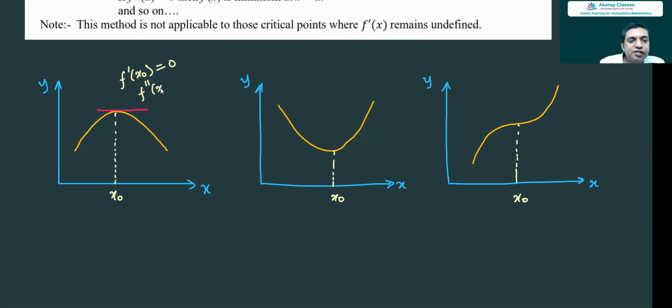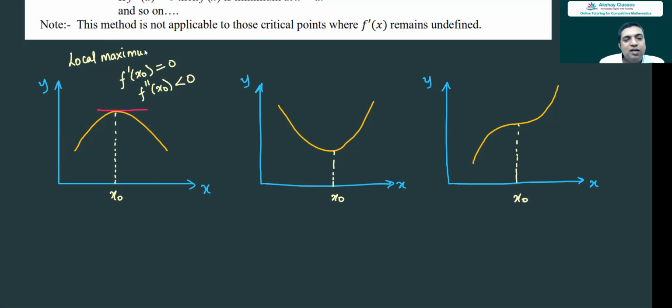And f double dash x naught will be negative. Why? Because it is a convex curvature. At this point, the convex portion is facing upward. So when there is a maximum, convex portion will face upwards. The concave side will be facing downwards. Convex side will be facing upwards. So this is local maximum.